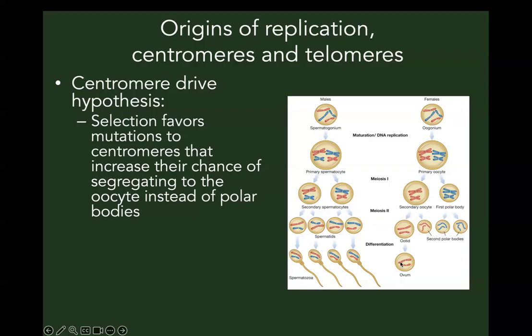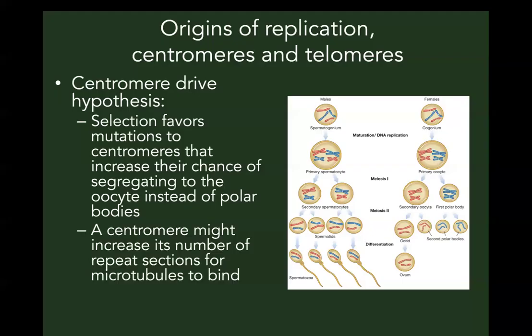But in females, only one of them gets all of the cytoplasm and becomes the ovum. The other ones become polar bodies. So one hypothesis is that centromeres are the result of mutations that cause the chromosomes to try to get picked to be the one to go into the ovum instead of ending up as a polar body.